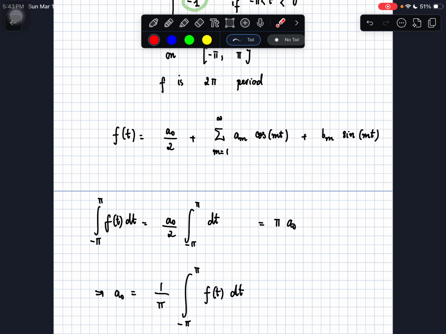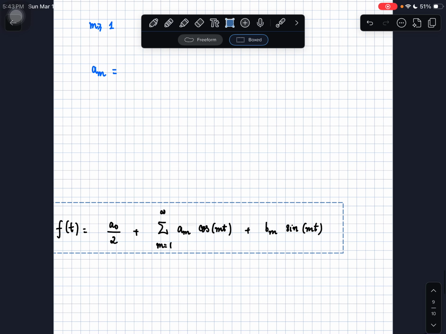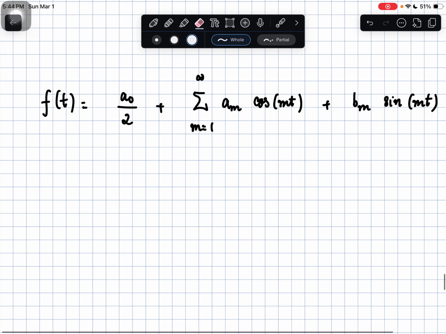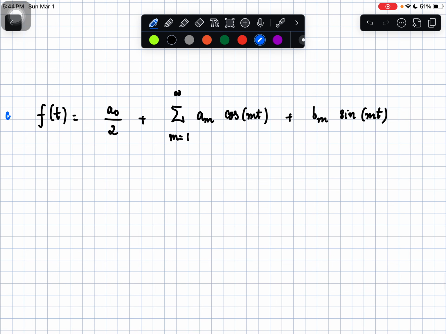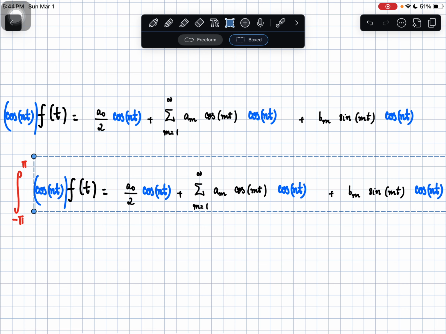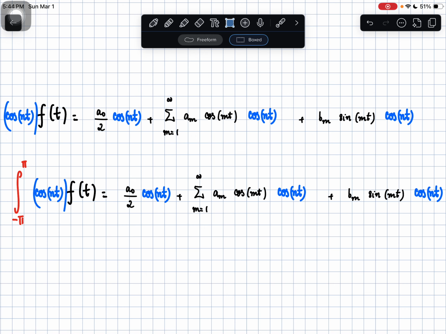So to compute that, we multiply cosine nt to both sides, and then you integrate both sides from minus pi to pi, dt.